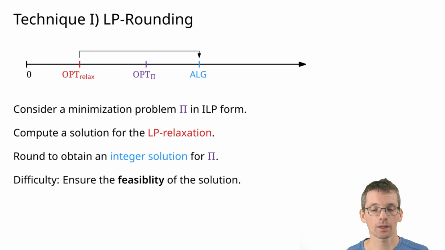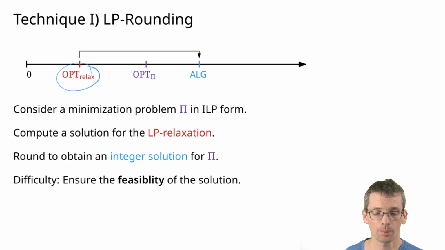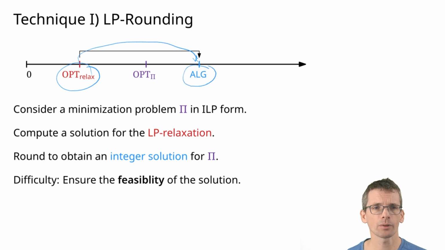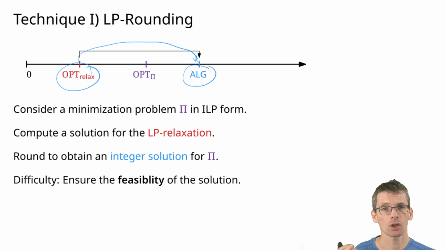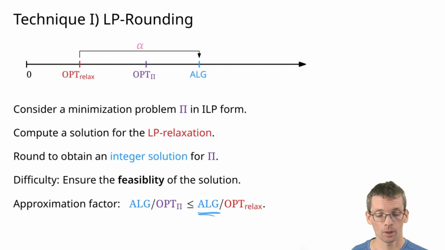But if that is the case, I have an algorithm which starts with the relaxed LP. By rounding, this is my algorithm, it simply rounds. I get an integer solution. So if I get a feasible solution, then the approximation factor I can calculate by taking the objective value that I get from my algorithm and dividing it by the objective value for the optimal solution.